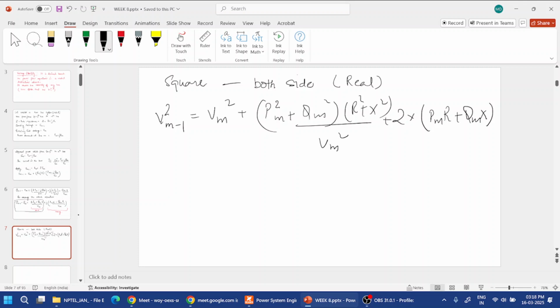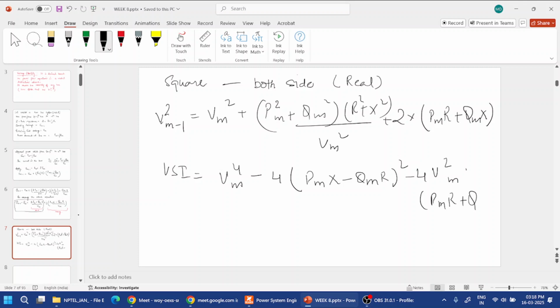So if we rearrange this, how much will it come out to be? For stability, VSI will come out to be, the expression of VSI you must have seen in the lecture also: VSI equals Vm to the power 4 minus 4 times (Pm X minus Qm R) whole square minus 4 Vm square (Pm R plus Qm X).